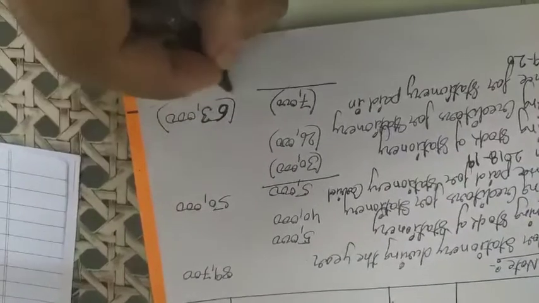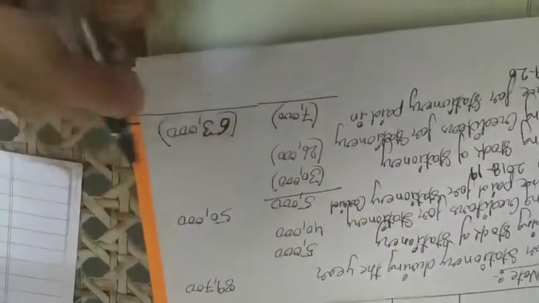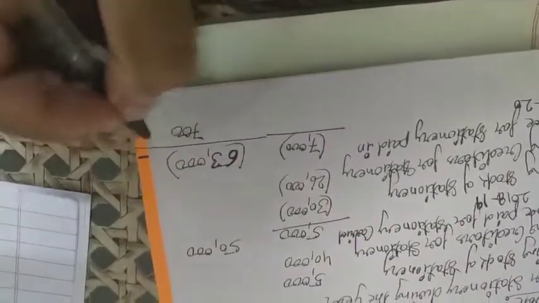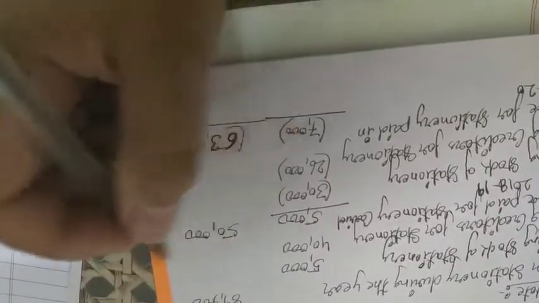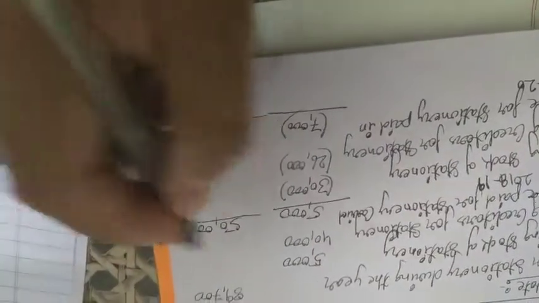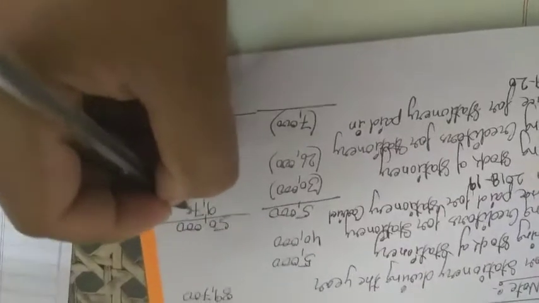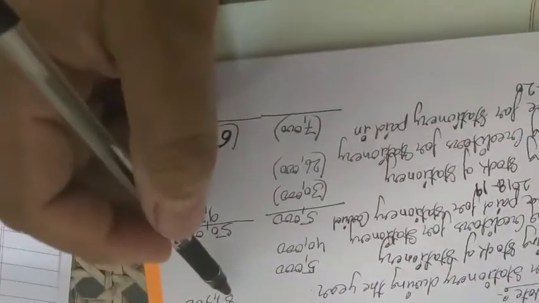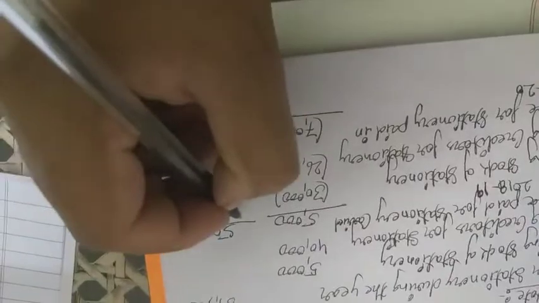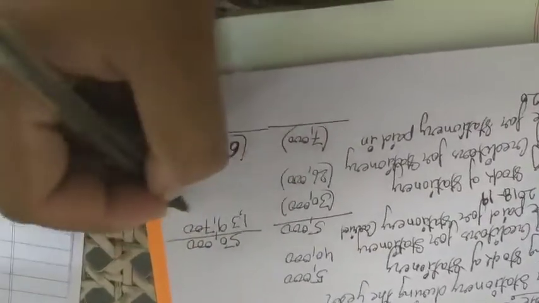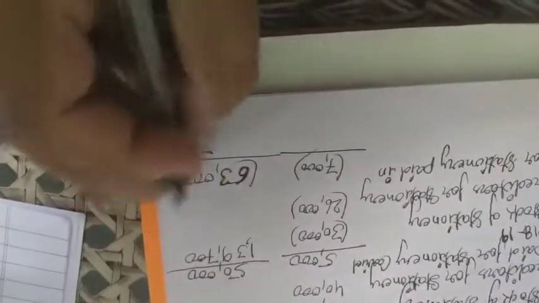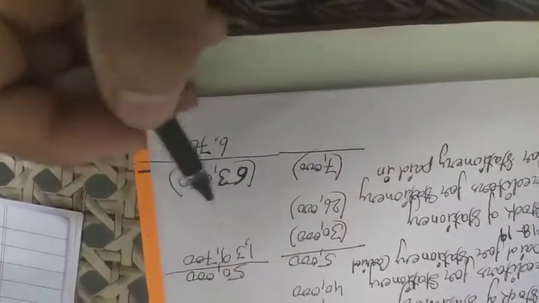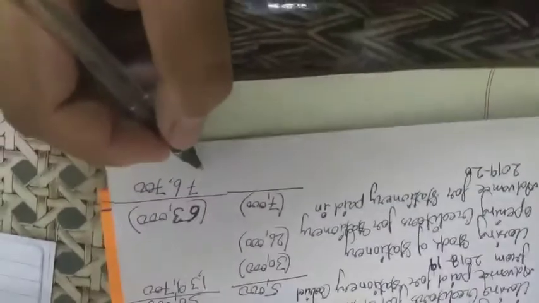This is the subtract amount. From this total we subtract, and the balance will be, totaling these two, 1,39,700. Here 6 and 7, 76,700. What is this?